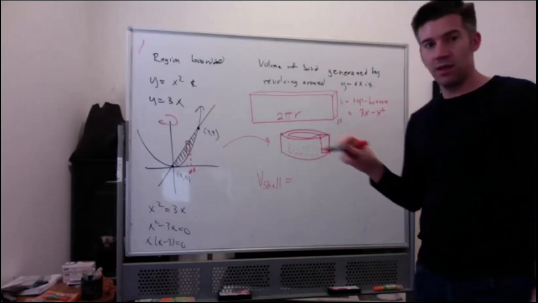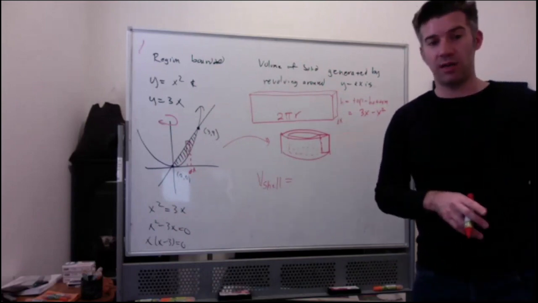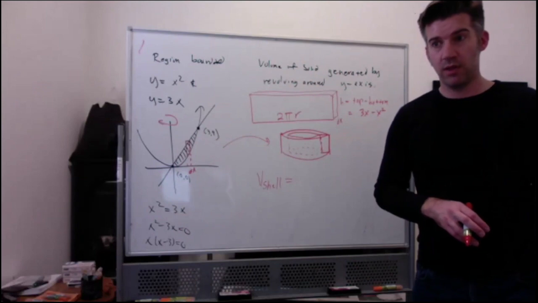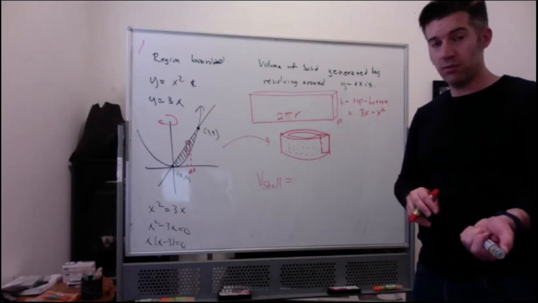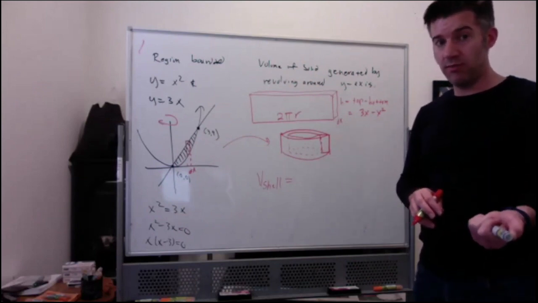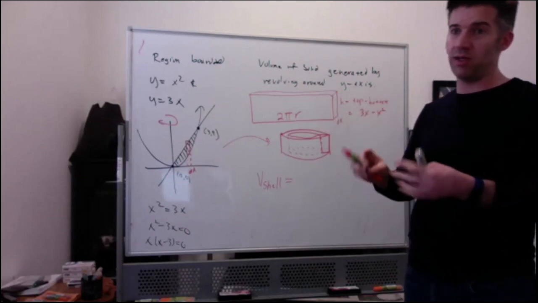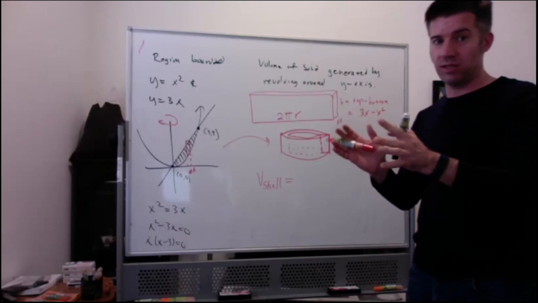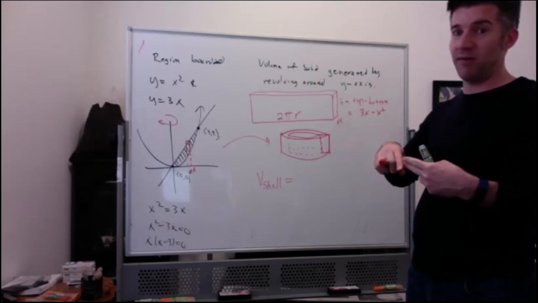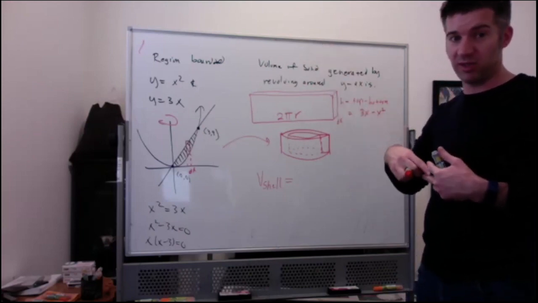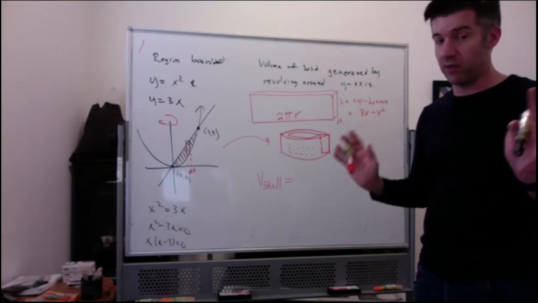Okay, here's where people get a little caught up with the shell method. Before, with the disk and washer method, the radii that we were talking about actually were the functions, right? We're saying, oh, we're going to do this strip, this slice, which is a disk or a washer, and the radius is how far the function is from the axis of rotation. That's not what the radius is anymore, not for the shell method.